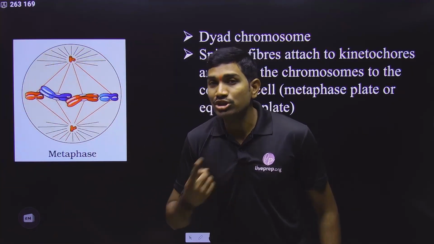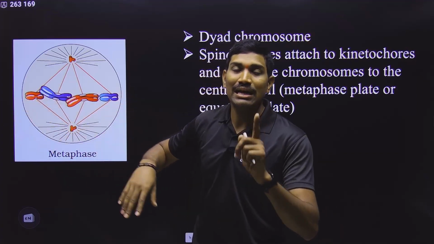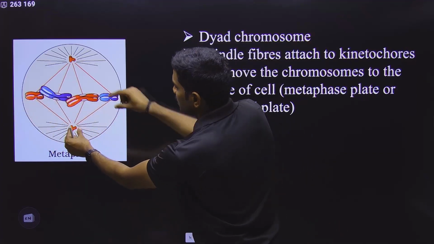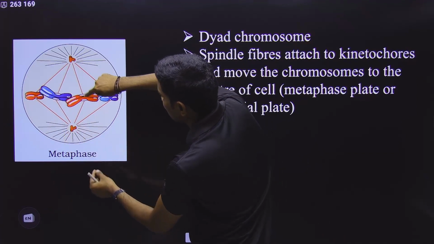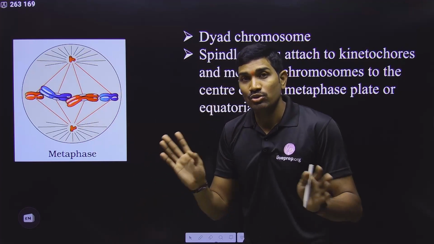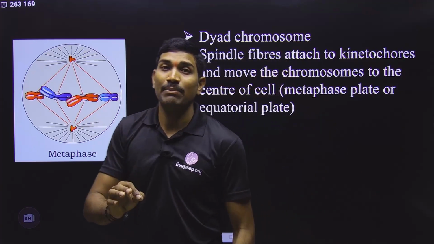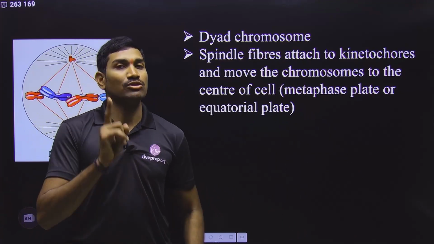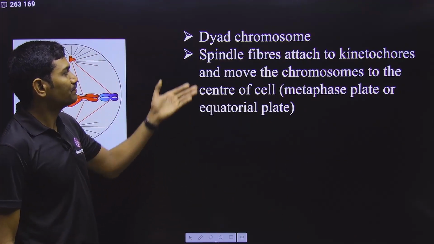But the most correct is the center of the spindle apparatus. In some cases, here is one spindle pole, here is another spindle pole, and here is the center of the spindle apparatus, but that is not the center of the cell. So that's why the center of the spindle apparatus is more appropriate than the center of the cell. Please observe this important point.